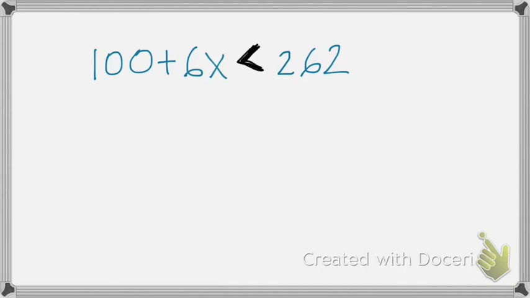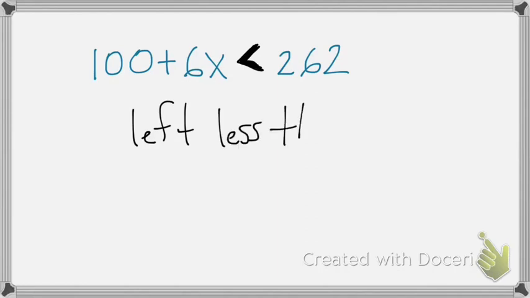Remember, the mouth always eats the bigger thing, so everything on the right is bigger. Left is less than the right. So 100 plus 6x is less than 262. We always read it left to right, and it eats the bigger number.